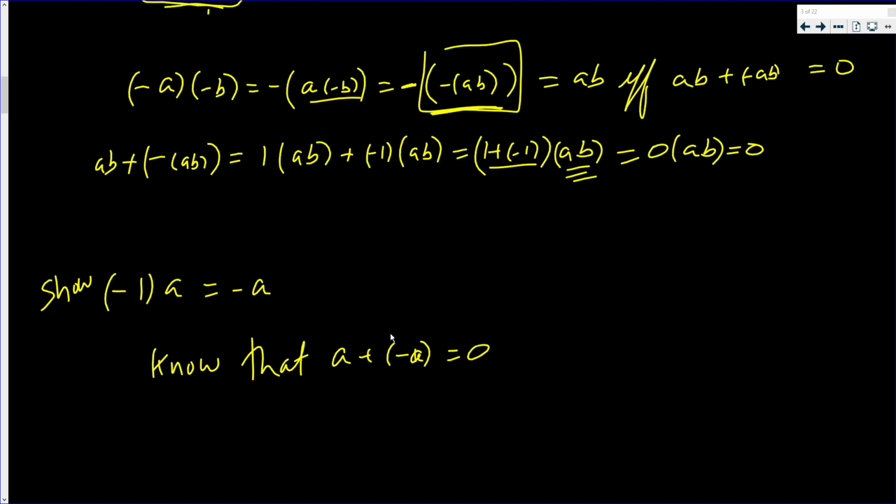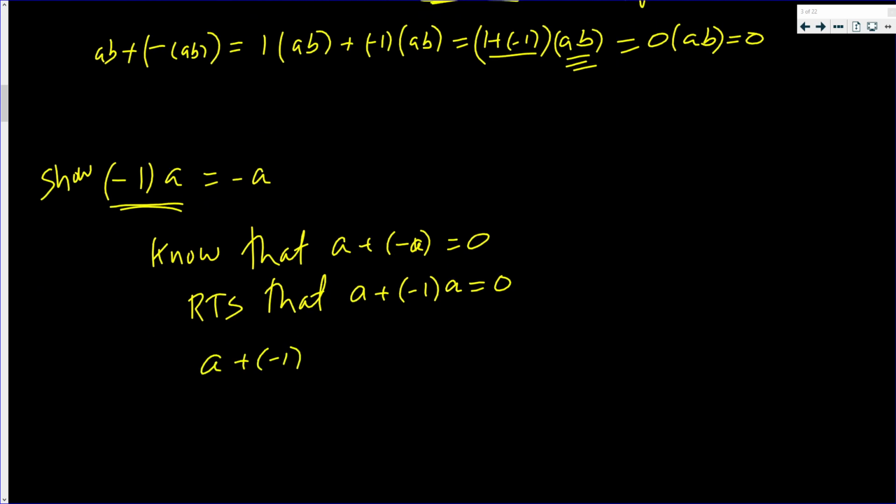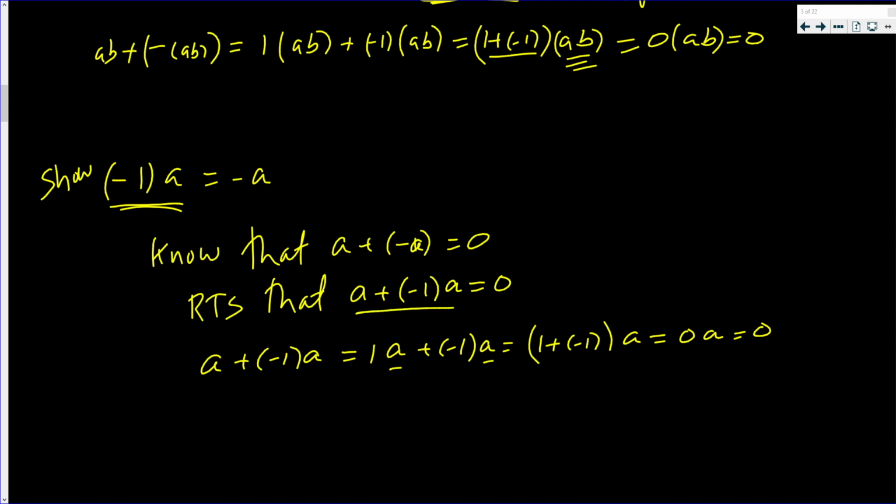They claim that this is negative a, so it remains to show that a plus negative 1a is 0. Well, this is 1 times a plus negative 1 times a. I can factor out the a on the right, and I have 1 plus negative 1 times a, which is 0 times a, which we proved is 0. Okay, so I showed that this is 0.